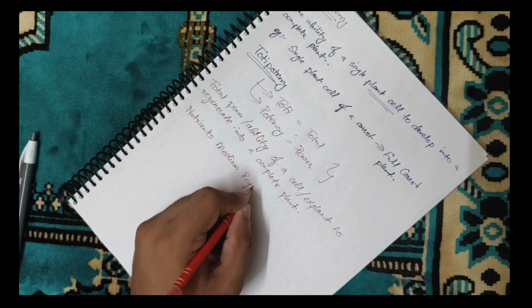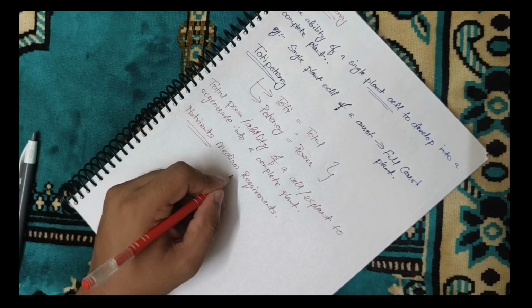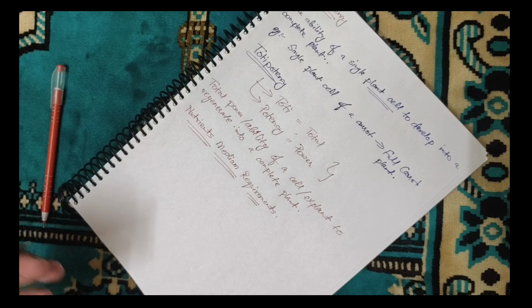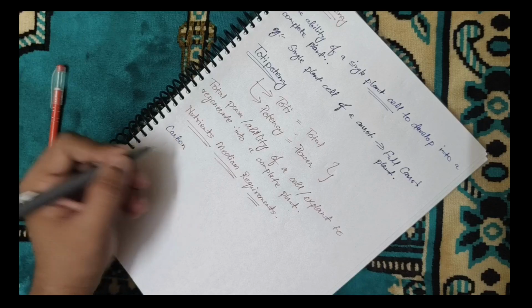Nutrient medium requirements. Okay. For plant growth, the medium must contain the following. We can break it down and write it in a table format.